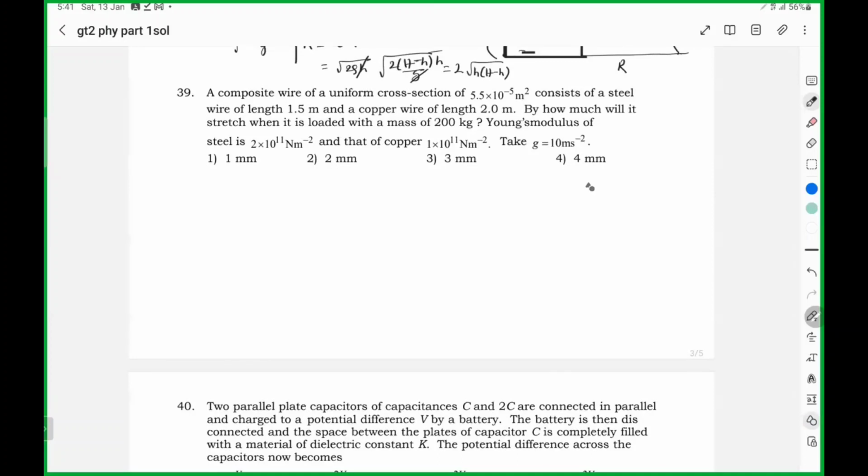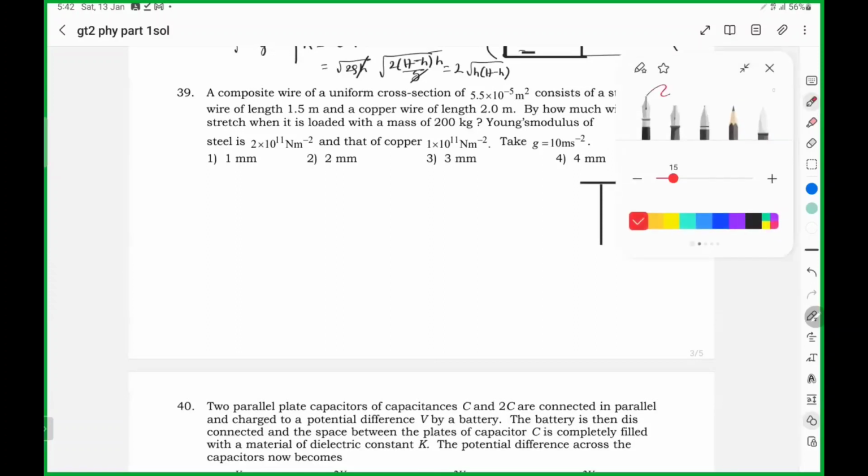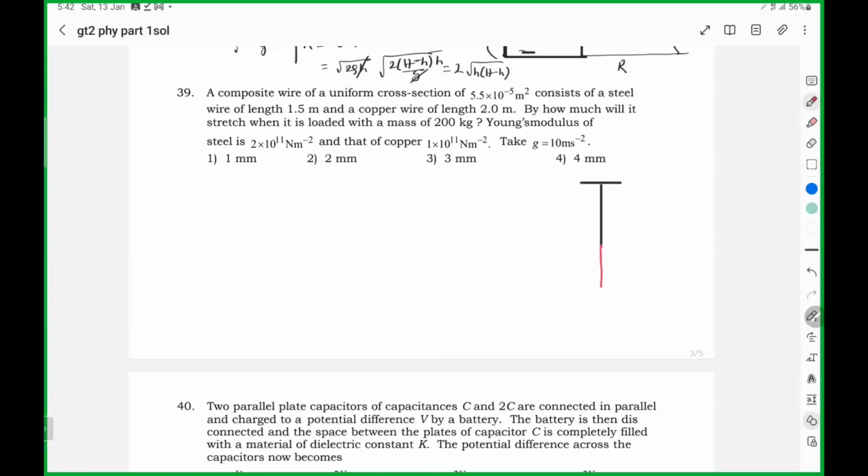Here, a composite wire of uniform cross section consists of a steel wire of length 1.5 meters and a copper wire of length 2 meters.